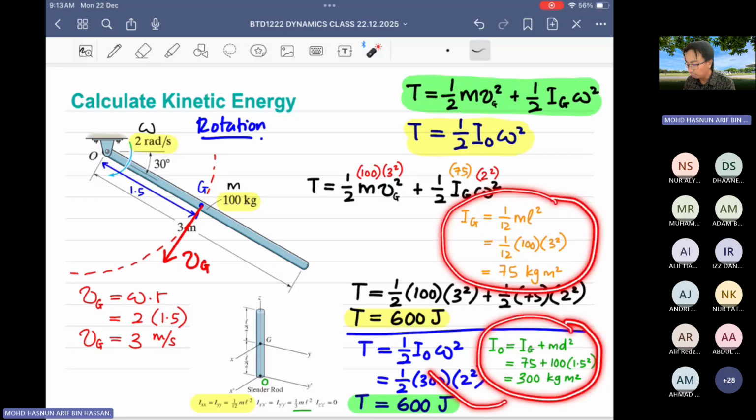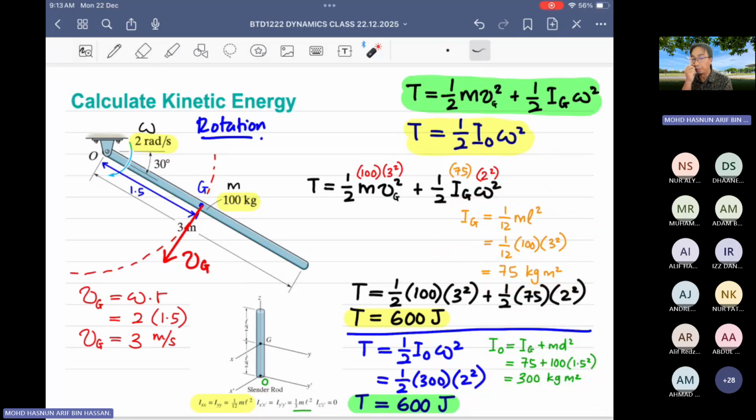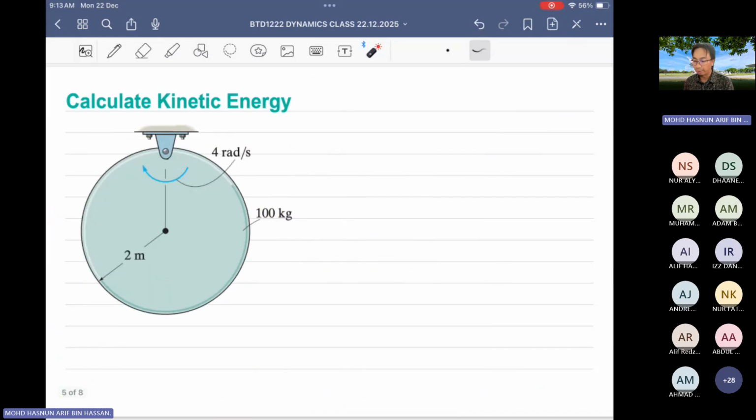Then you key in the IO, and you will get the same answer. So it is a little bit shorter calculation, but will generate the same value. Okay, any questions so far? Okay, there's no question. Let's move on to the next one.